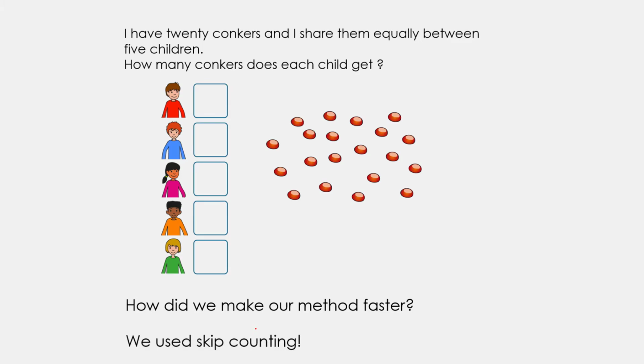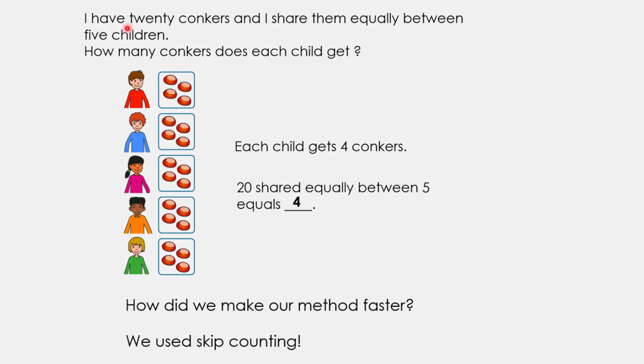We used skip counting, didn't we? We're sharing out 20, that's our whole, that's our total. It's between 5, so we skip count in 5s. 1 5 is 5, 2 5s is 10, 3 5s is 15, 4 5s is 20.